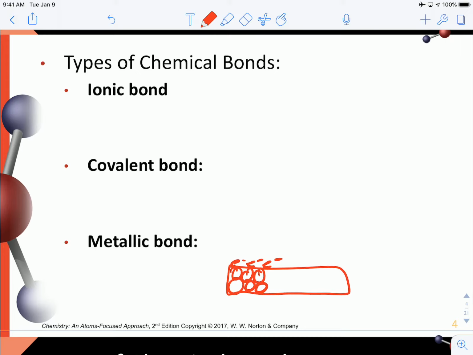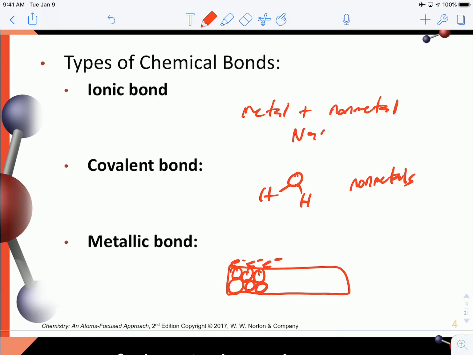Covalent bonds are the bonds that are present in covalent compounds, what you think of as a molecular compound. So things like water, H2O. These are covalent bonds. And basically these are compounds that can contain nonmetals, although this is not entirely the case, because when we think about ionic bonds, we think of a metal plus a nonmetal, and so something like sodium chloride.